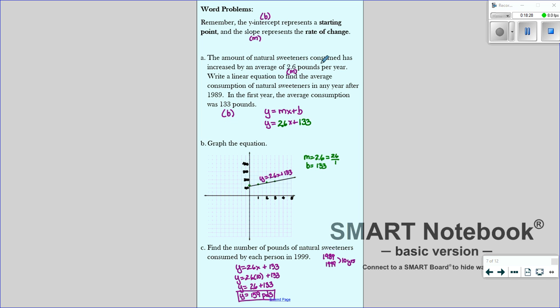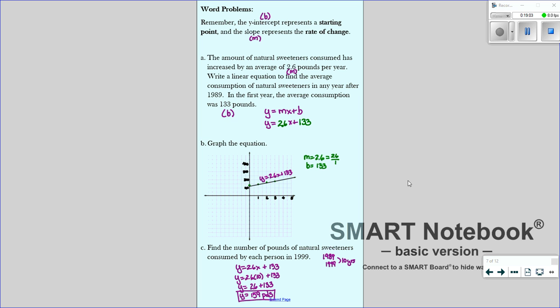If you see average rate of change, you'll know that it's a slope. And y represents the starting point. 1989 is the year that's the starting point, and I gave you the value, which was 133 pounds. That's where you start, and then you use your slope, the rate of change, to find the direction to get to the next point, and the next point, and find your line.